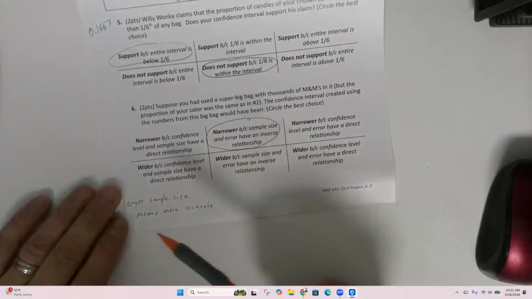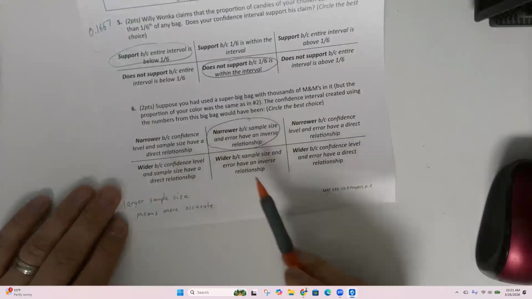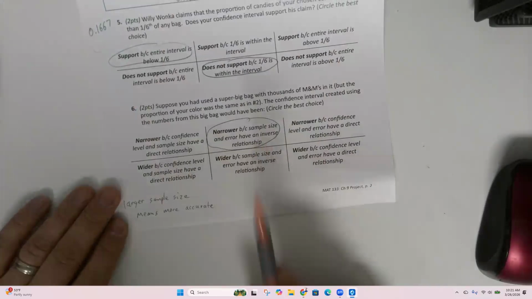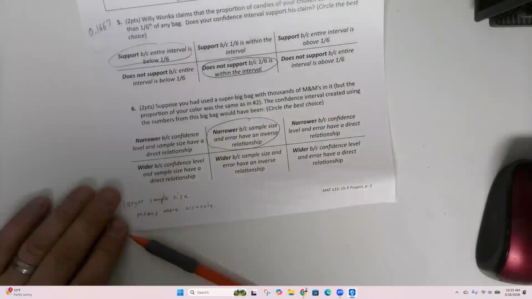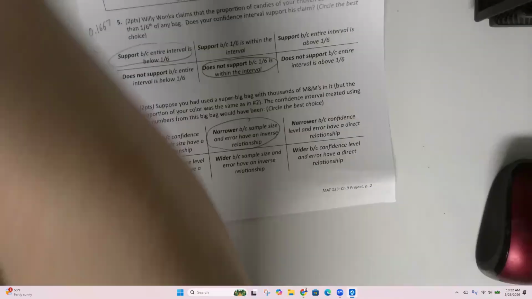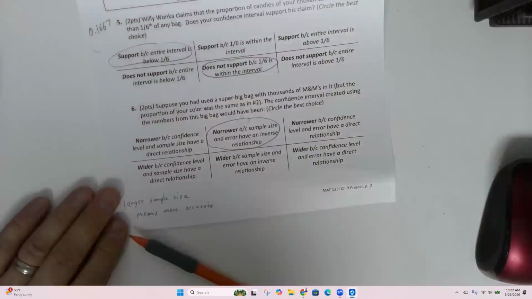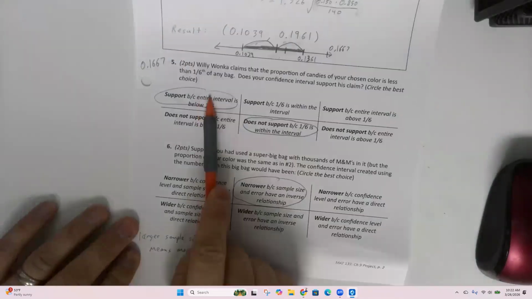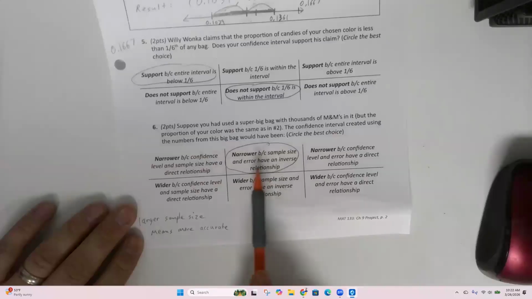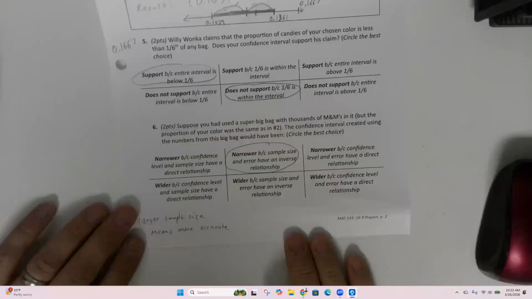So as your sample size goes up, your error goes down. That's what inverse means. So you'll circle one of these, but everybody should be circling the same answer for number 6.